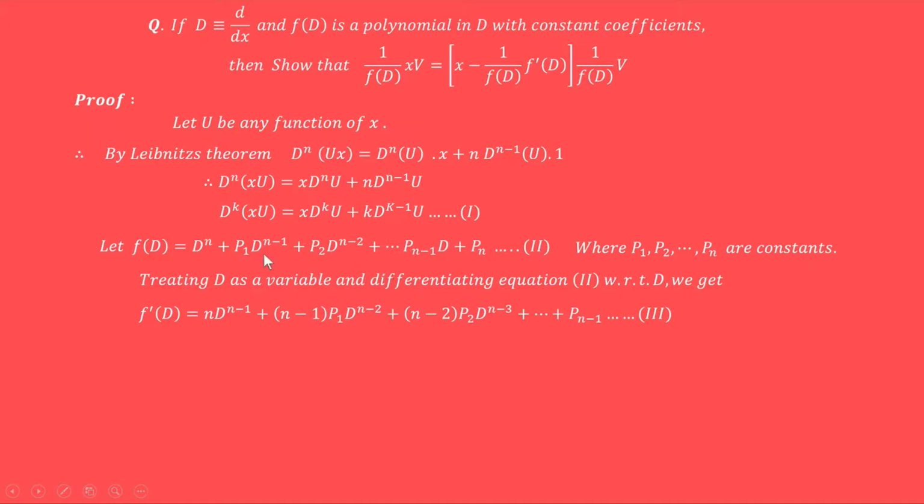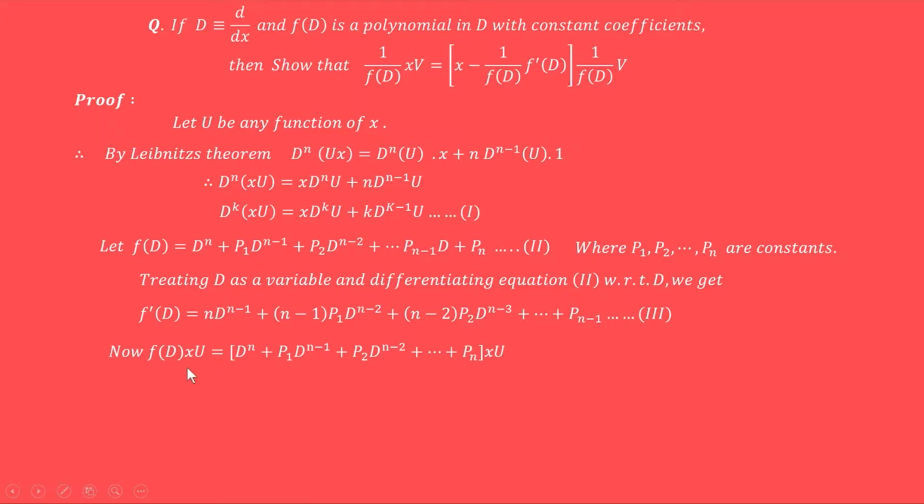Similarly, we can find the derivative of p2 D raised to n minus 2 and continue in this way. In the last but one term, p(n minus 1) is a constant and the derivative of D with respect to D is 1. And in the last term, pn is a constant, and the derivative of a constant is 0. So in the last term we get 0. So this is f dash D.